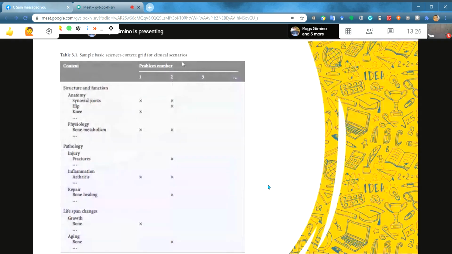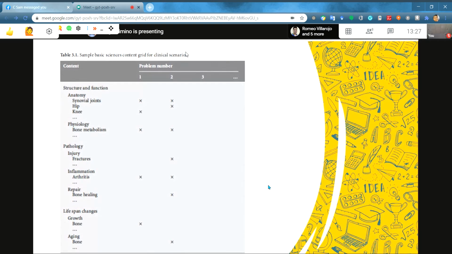Here they placed anatomy, physiology, pathology, inflammation, then lifespan changes. Under anatomy they list what is covered for this hip fracture, then what the physiologic process is or the pathophysiology of this problem, so they involve everything. They list all the areas that will be involved within this situation or case.